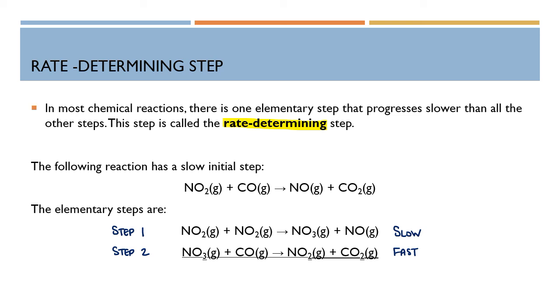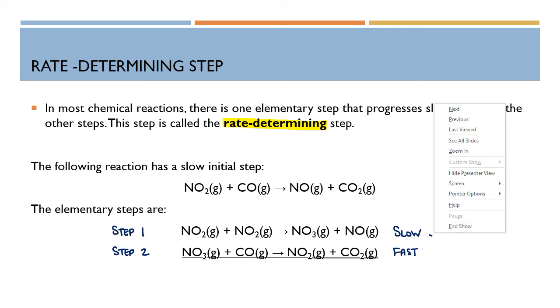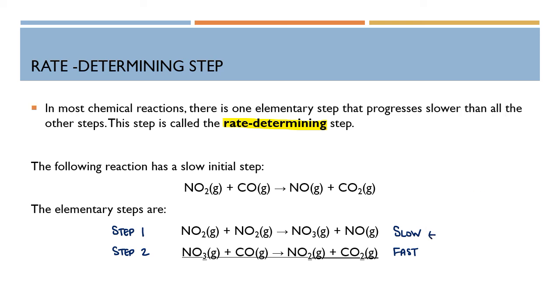The second step is the fast step. The nitrogen trioxide reacts with carbon monoxide to create nitrogen dioxide and carbon dioxide. The slow step has a rate law of rate equals k times the concentration of NO2 squared. This is our slow step, the step that dictates how fast the reaction will go.